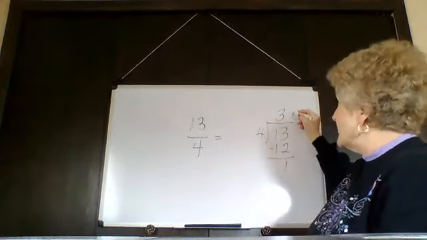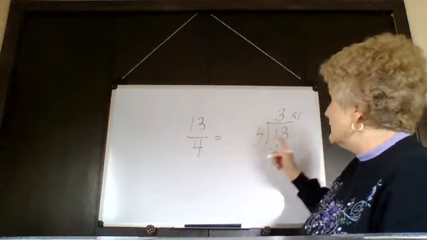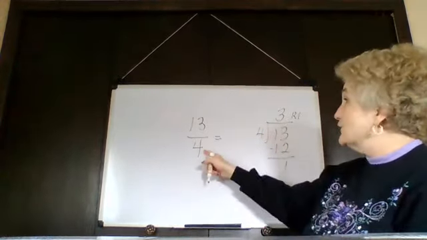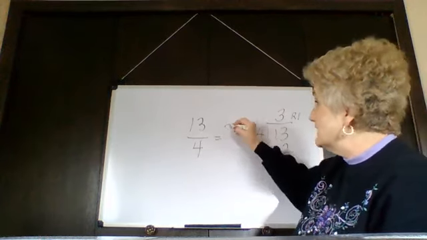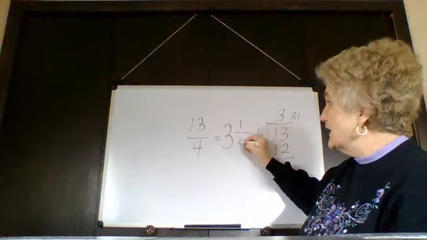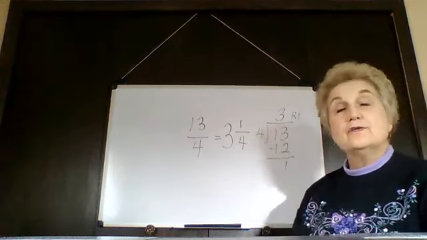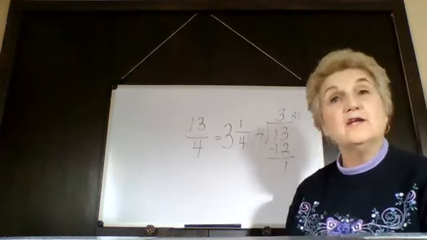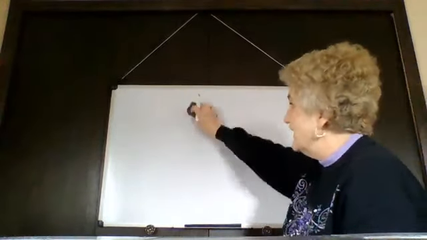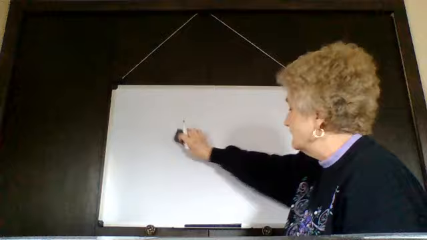That leftover, or remainder, of 1 really becomes the numerator of the fractional part that's left over. So 4 went into 13 3 times with 1 left over. And as Mr. Cameron says, don't mess with the denominator. So 13/4 becomes 3 1/4. Okay? So far, I bet you all are following this and know what to do, right?